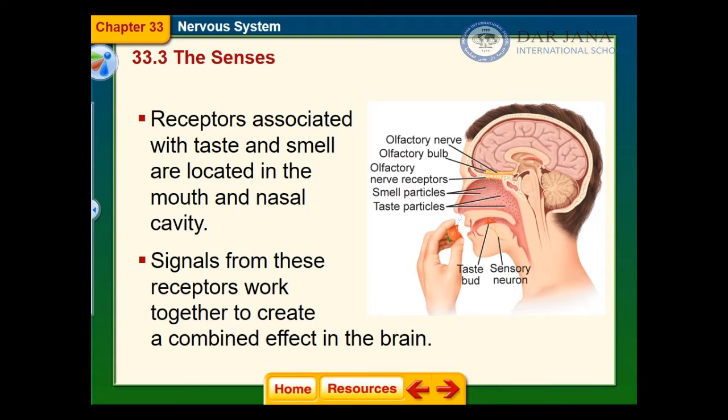Whereas in our nose we have the olfactory nerve receptors. When we say olfactory, it means these are associated with the nose. They are also associated with detecting chemical substances that are entering our nose from the air. We are smelling.